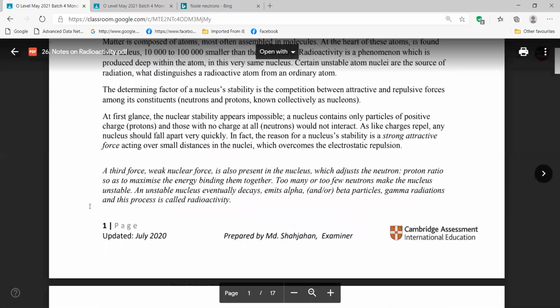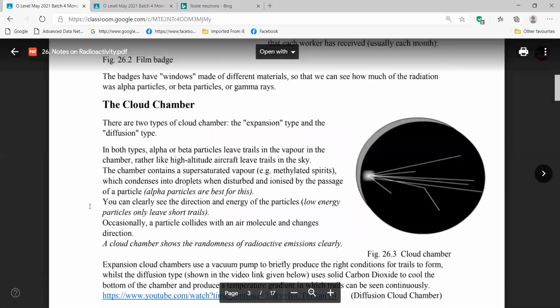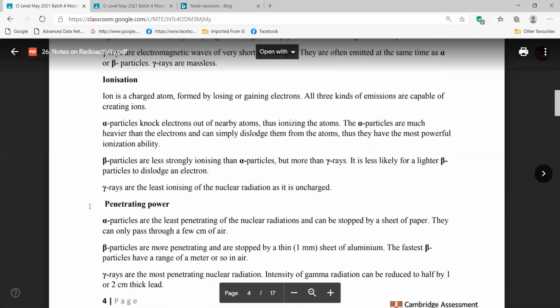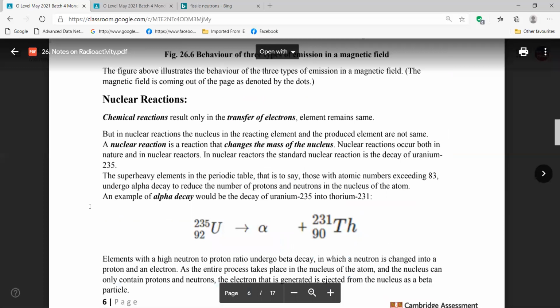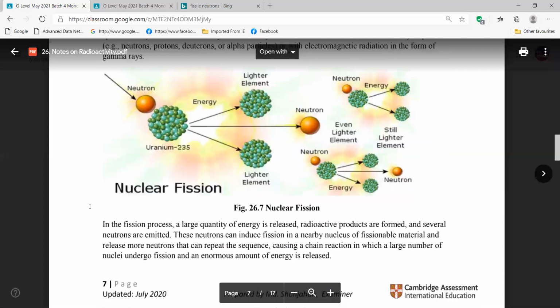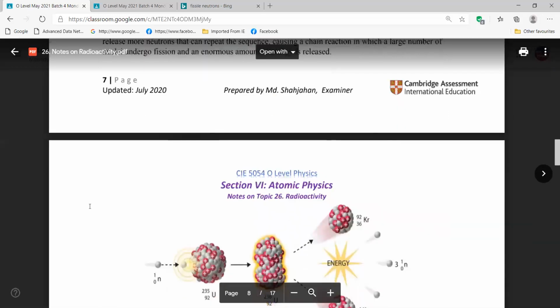Here we are not getting too many elaborate discussions on star formation. We only have the idea that in stars we have fusion. The energy from stars we are getting by fusion.